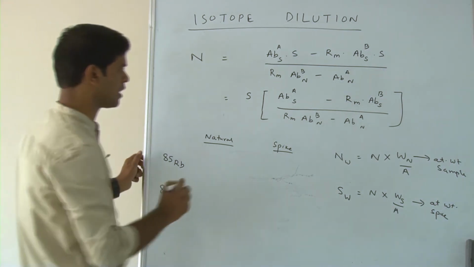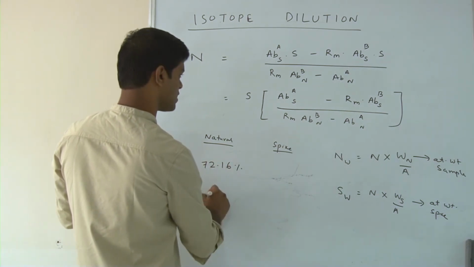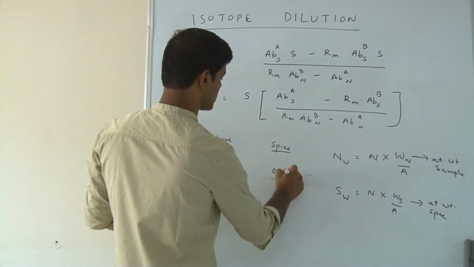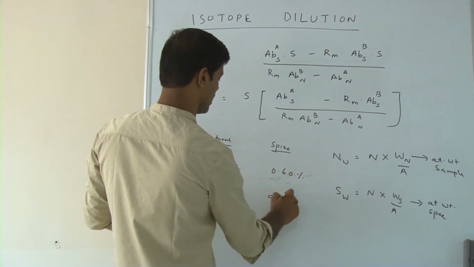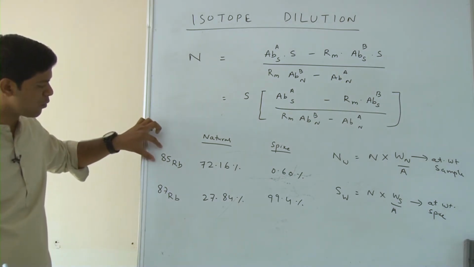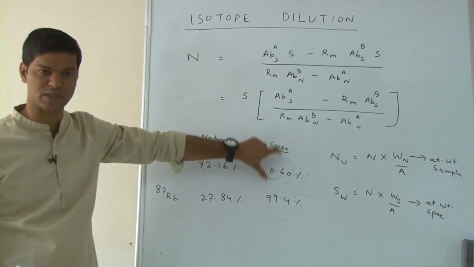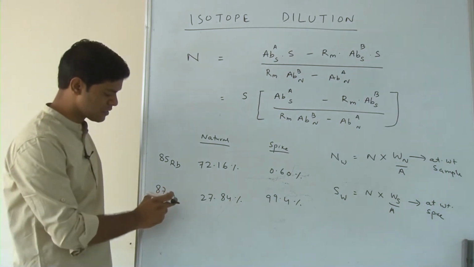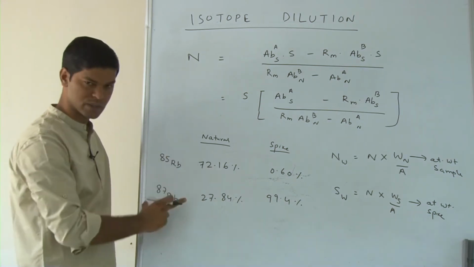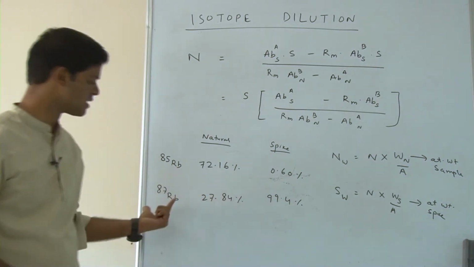The typical abundances are about 72% and 27.84% in the sample, whereas in the spike they are 0.60% and 99.4%. So, 85 rubidium is about 72% in your sample but only 0.6% in your spike, whereas 87 rubidium, at 27.8%, is the less abundant isotope in the rubidium system, but you have created an artificial spike enriched in 87 rubidium.